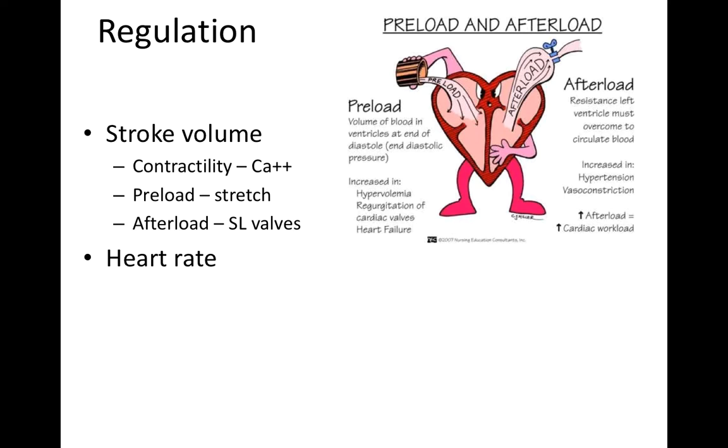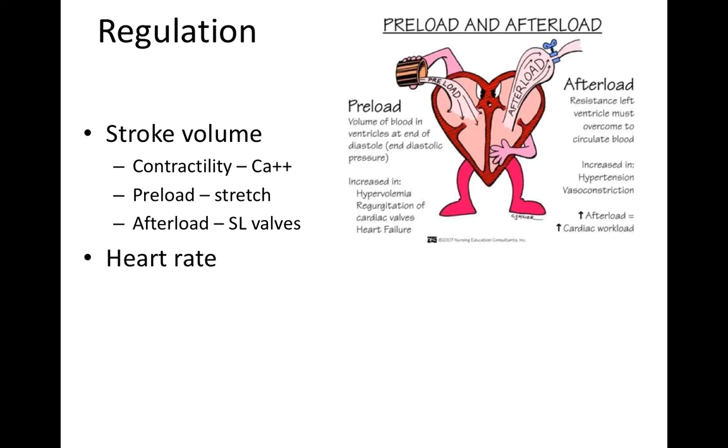The idea of preload is that we need to stretch the ventricle before it contracts. Sarcomeres function best and generate the highest pressure, the highest force, if they are slightly stretched before you contract.